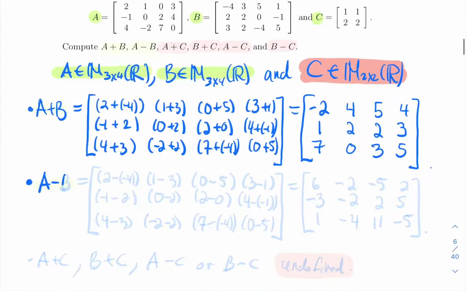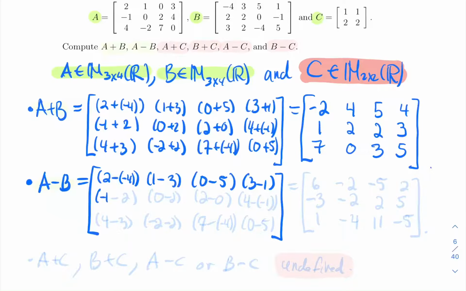Now if you want to subtract A and B, again this will be defined because they have the same size. So A minus B. Again, here I'm writing all the detail. Normally you just subtract right away, but for the sake of completeness in this example, I'll do the long route. So 2 minus 4, 1 minus 3, 0 minus 5, 3 minus 1.